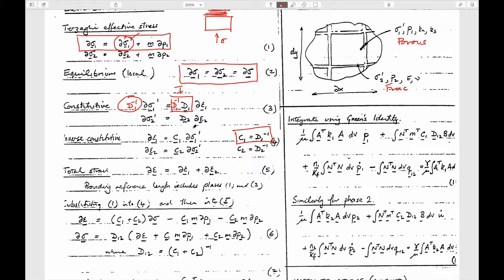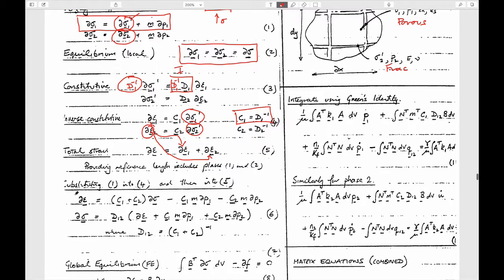We could substitute it into here. Likewise, we could write this equation in terms of d sigma 2 prime. We could then substitute that into here, and then we could substitute this into here. And we end up then with a very complicated matrix equation, which is this.